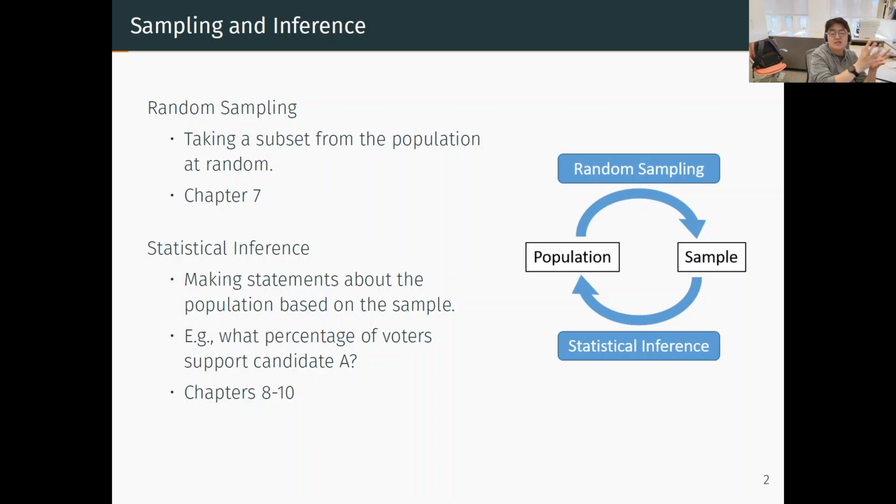And then we studied the distribution of the average based on our observed outcomes. So we studied how the sample is distributed based on the population, right? This process is random sampling. We generate a sample by random sampling, and we learned how it behaves.